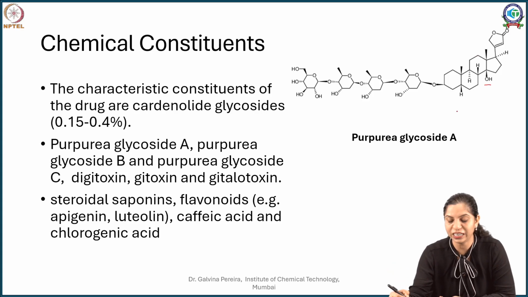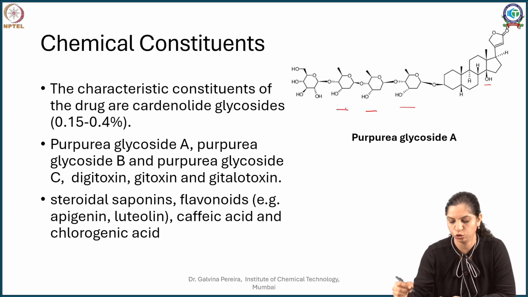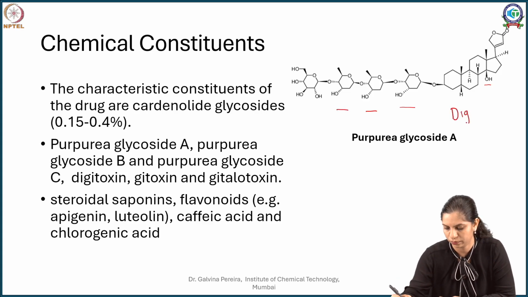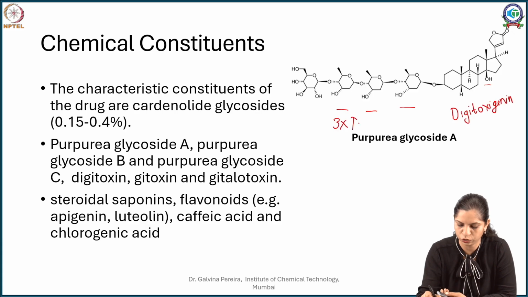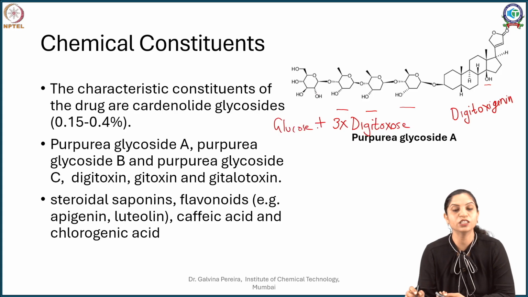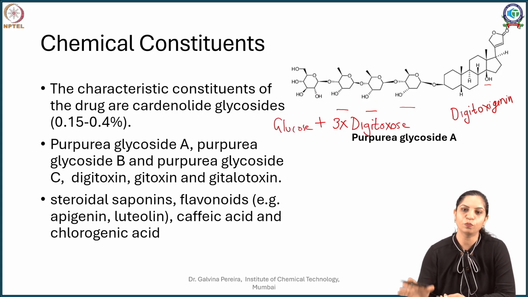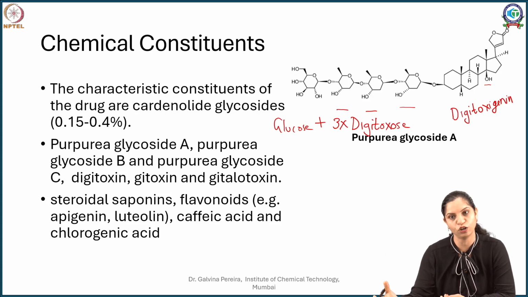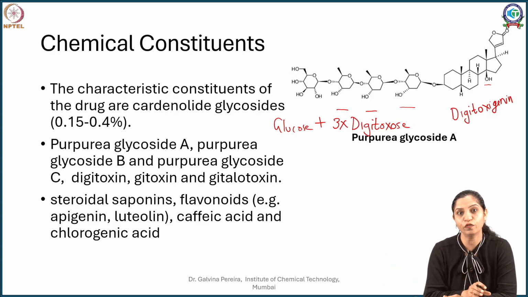Okay, so if you have your digitoxygenin attached to 1, 2, 3 digitoxose sugars, plus 1 molecule of glucose, this is your purpurea glycoside A. So purpurea glycoside A has an aglycone digitoxygenin and a sugar moiety consisting of 3 molecules of digitoxose and a single molecule of glucose.